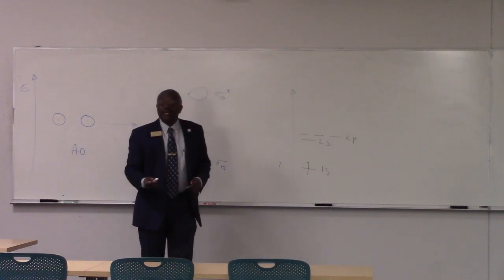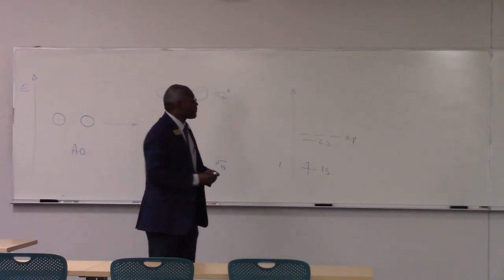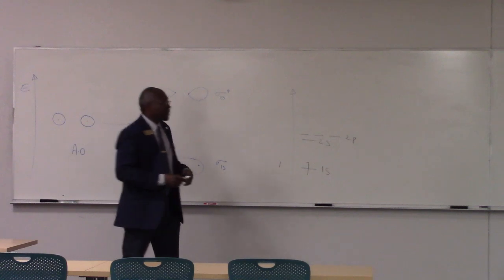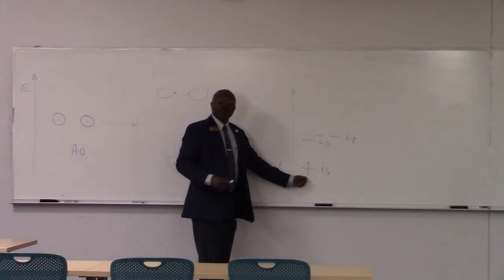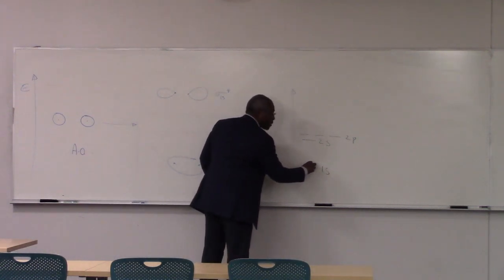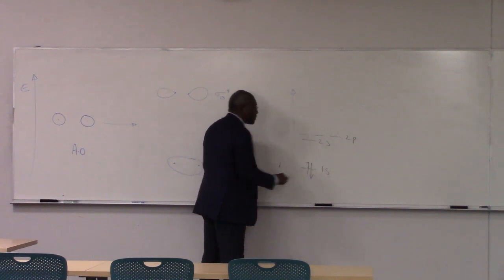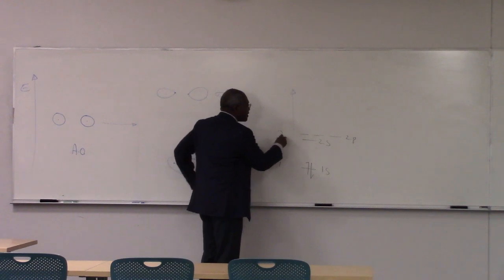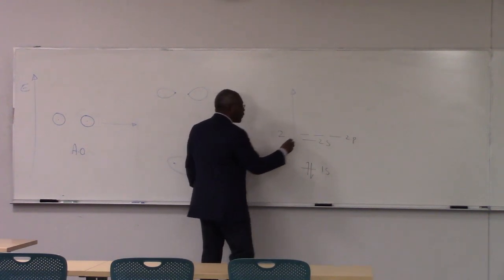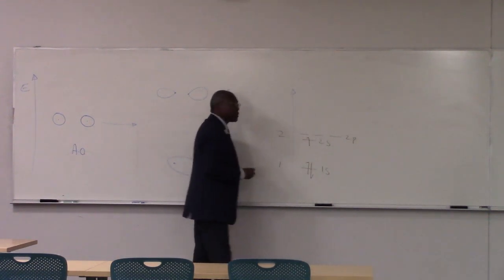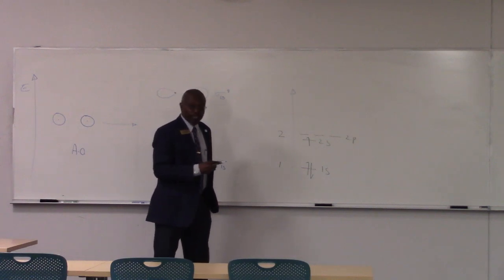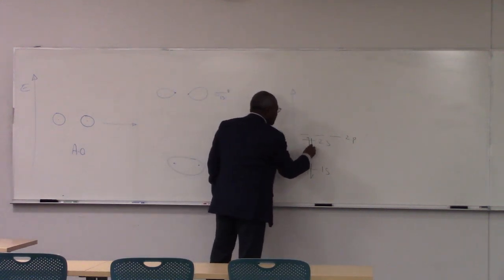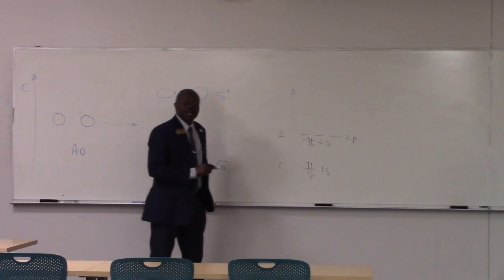So carbon has 6 electrons. According to the Aufbau principle, the first will go into the 1s. The second, according to the Pauli principle, will spin pair. So that's 1s2. And then the remaining 4 electrons: the first of the 4 will go into 2s, that's the Aufbau principle again, and the second will spin pair. So that's 2s2.